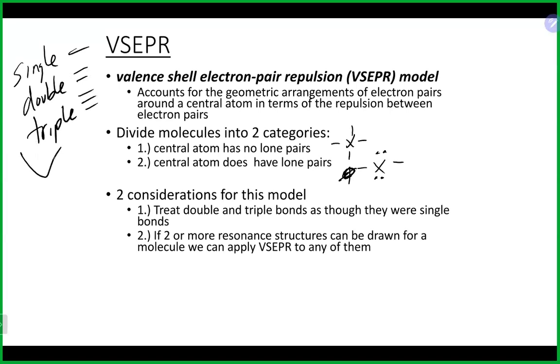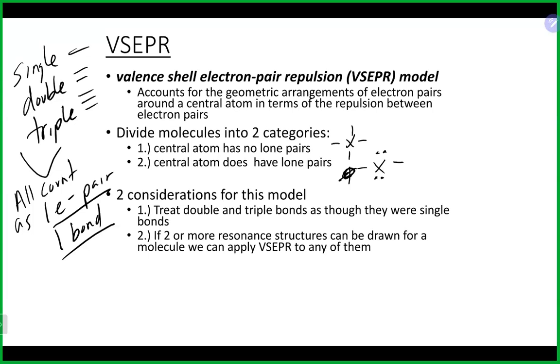They all count as one electron pair and one bond. It doesn't matter if you've got a double bond, triple bond, single bond, or dots, everything counts as one. That's because in a double bond or triple bond, all those electrons are basically moving, in terms of the geometry, as one unit.